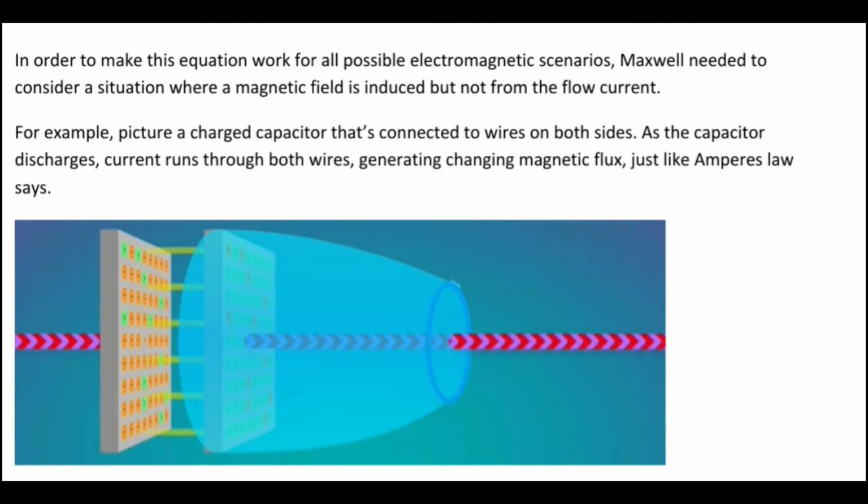In order to make this equation full for all possible electromagnetic scenarios, Maxwell needed to consider a situation where a magnetic field is induced but not from the flow of current. For example, picture a charged capacitor that is connected to wires on both sides. As the capacitor discharges, current runs through both wires, generating changing magnetic flux just like Ampere's law says.